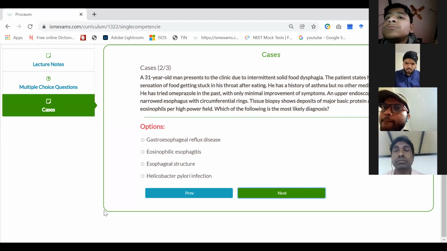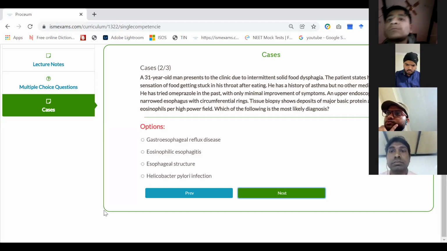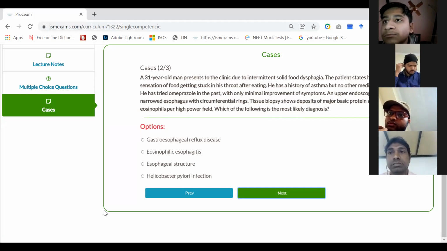He has tried omeprazole in the past with only minimal improvement of symptoms. An upper endoscopy shows a narrow esophagus with circumferential rings. Tissue biopsy shows deposits of major basic protein and 20 eosinophils per high power field. Which of the following is the most likely diagnosis?